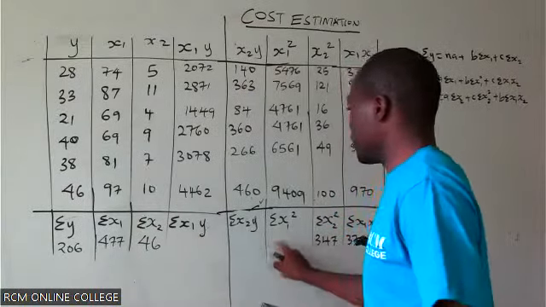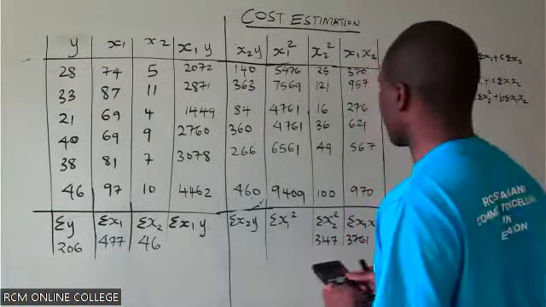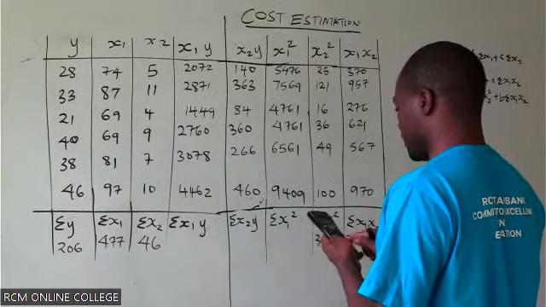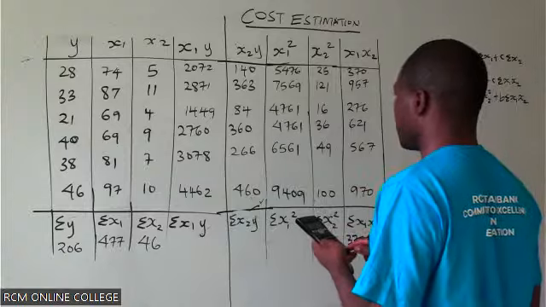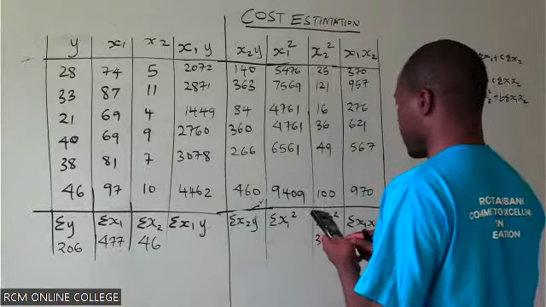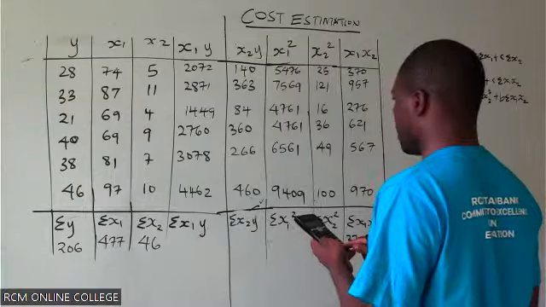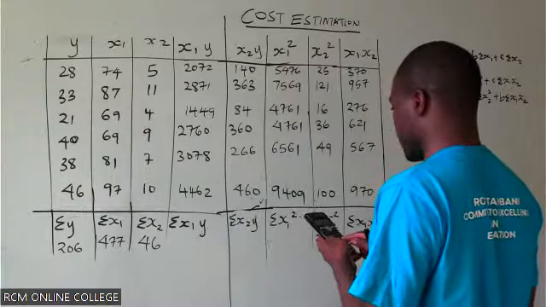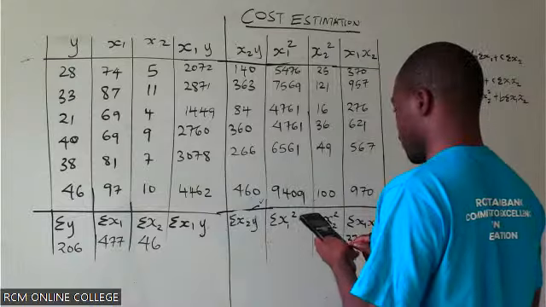Let me pick this, someone else to pick the other two. So I have 5476 plus 7569 plus 4761 plus 6561 plus 9409.